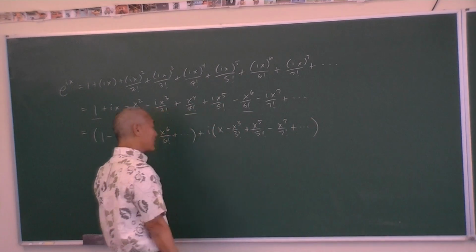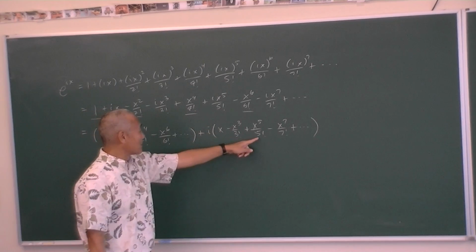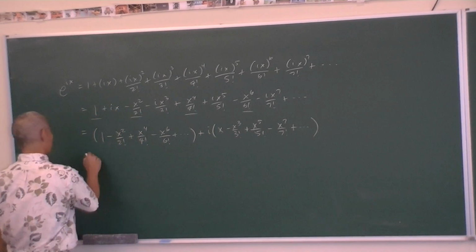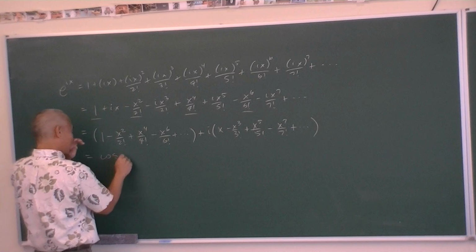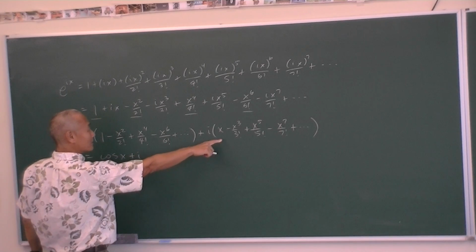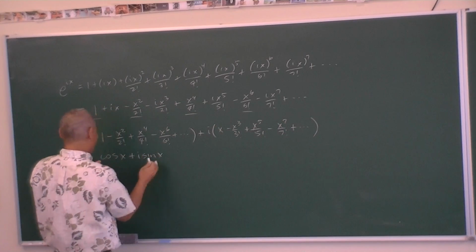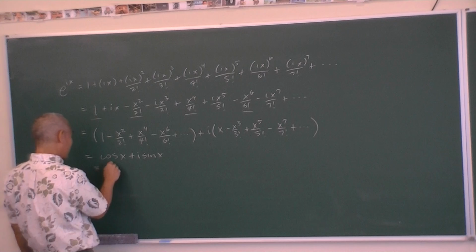And then you stand back and go, hey, you recognize that! So this is equal to cosine x, plus i times, hey, you recognize that, sine x. And that's cis x.